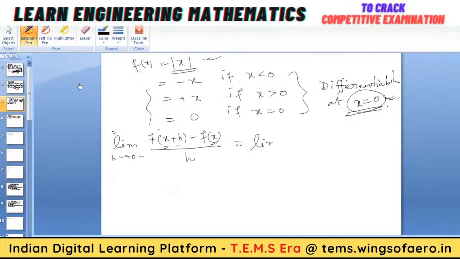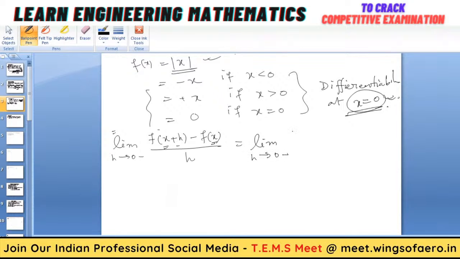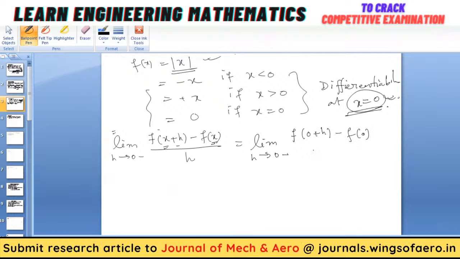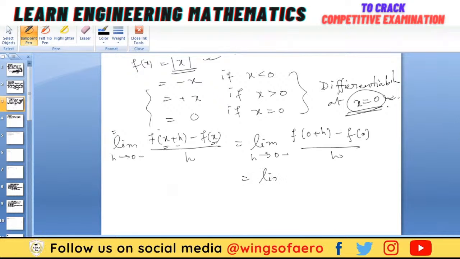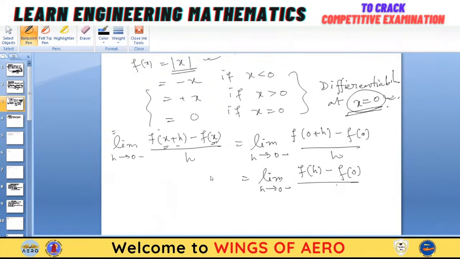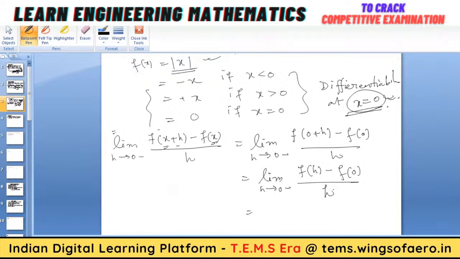So limit h tends to 0 minus of f of 0 plus h minus f of 0 divided by h. So this is equal to limit h tends to 0 minus of f of h minus f of 0 divided by h. Now look at this.